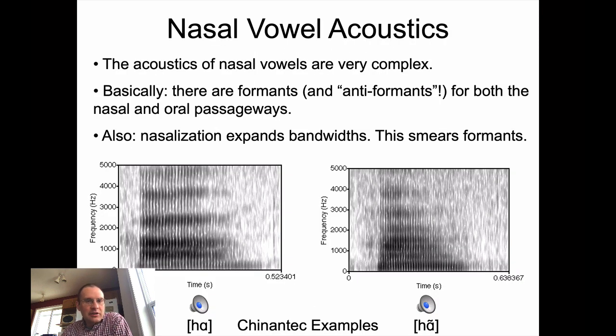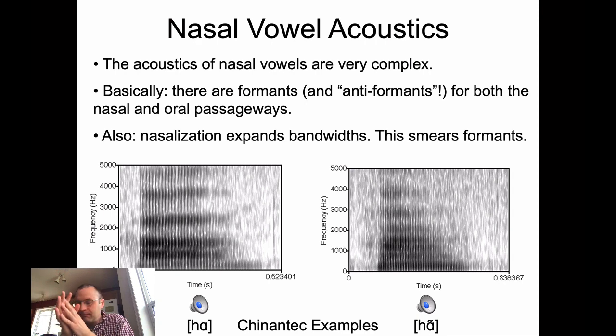Okay, so like I said, when you look at these things acoustically, they get messy pretty quickly. There are formants for both passageways through your nose and your mouth because they're two different resonating tubes. And because they also suck energy out of each other, there are also these things called antiformants which reduce the energy that you'd expect to find where the formants are.